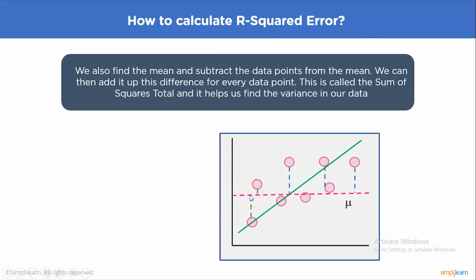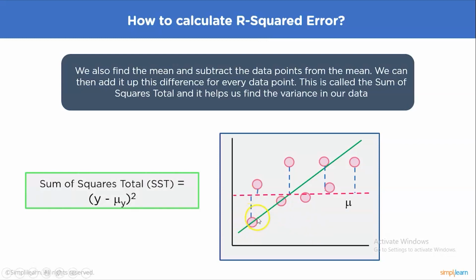If we do this, we're basically going to find out how spread apart our data is from the average value, or how far all of our data points lie from each other. When we subtract the position of our data points from our mean and square it and add all of that up, we get something known as the sum of squares total.